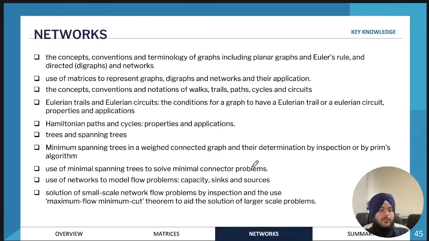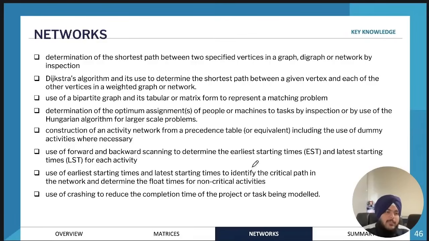I'm not going to go through all of them, but basically we're going to be looking at shortest path problems, network representation, minimal spanning trees, flow problems, the Hungarian algorithm, and forward and backward scanning for any project type questions, and also a little bit of crashing. We're not going to go through a lot of crashing today, but you will have a look at the basics of crashing.